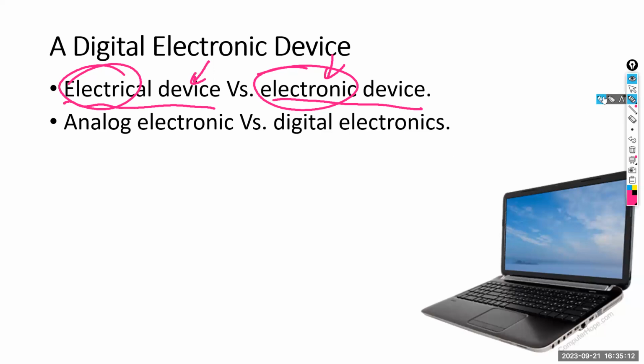So in electrical devices, we use electricity just for power. That's it. Electricity is used to power it. An electric bulb converts electric power into light. An electric kettle or electric iron converts that electricity into heat.